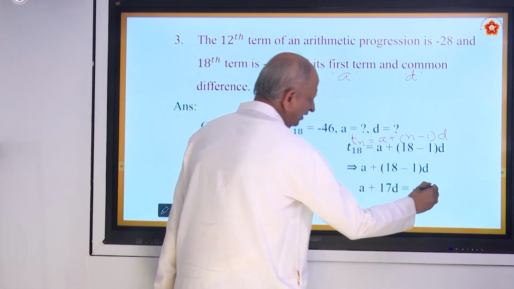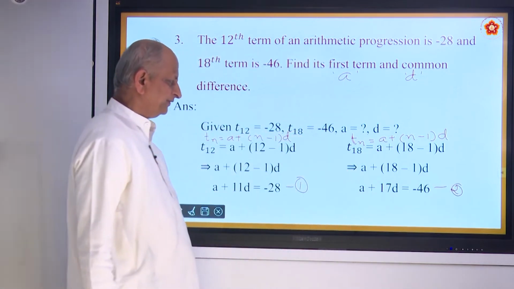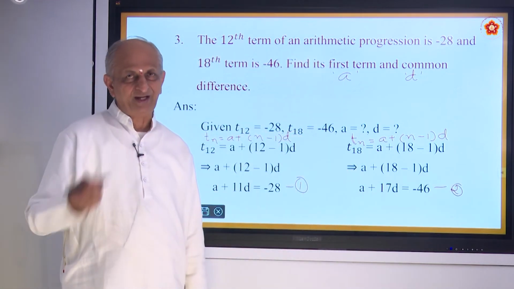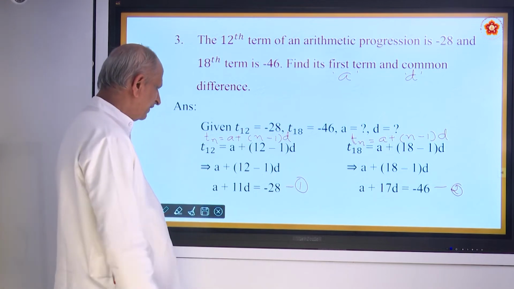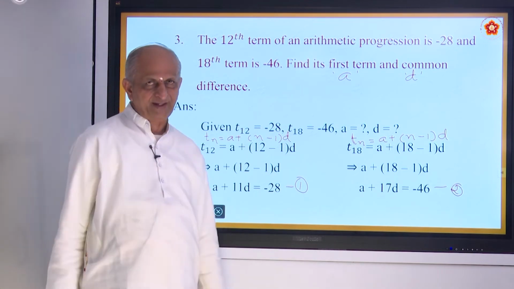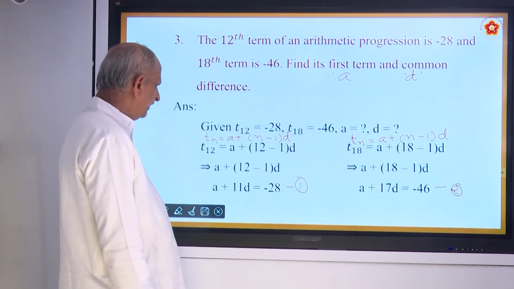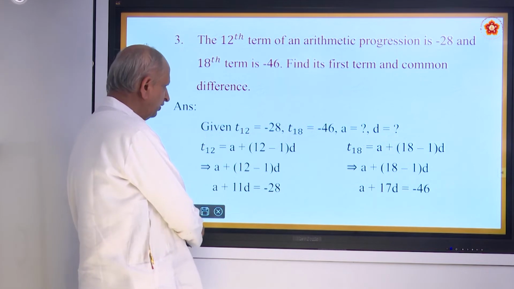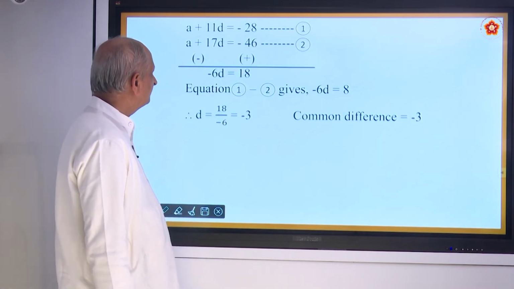Now this is equation number 2. Use these two equations. You have studied it already, na? Linear equation in two variables. What are the variables here? A and D. So use these two equations and solve for the values of A and D.